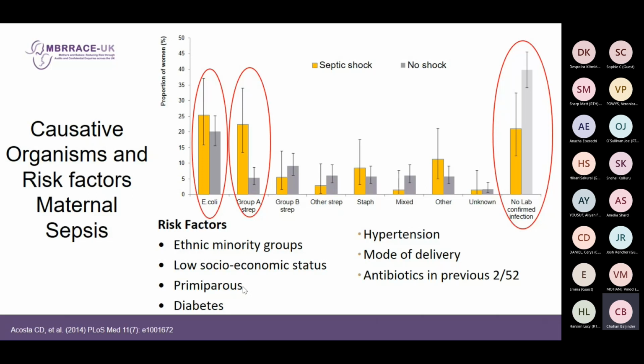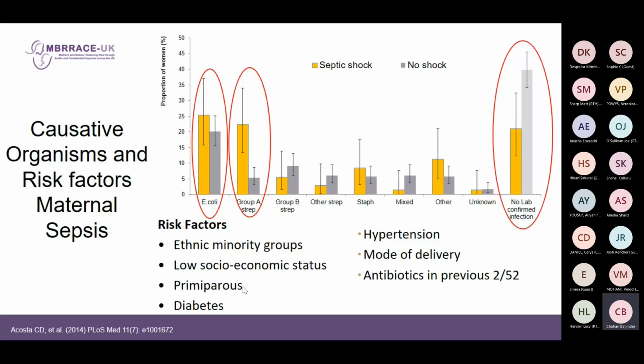You can't say that they're all primips or not, but that might be partly why primips are up there. And probably because we don't know what their GBS status is yet. Oh, yeah, good point. Maybe they might tend to have longer labours, I don't know. Very true. Good thinking, guys.